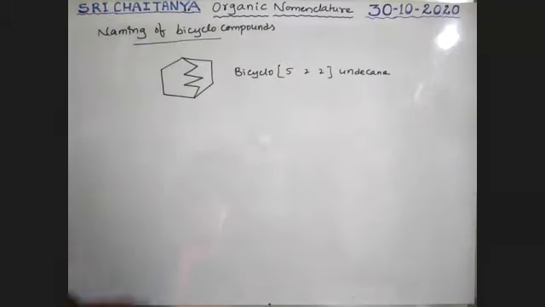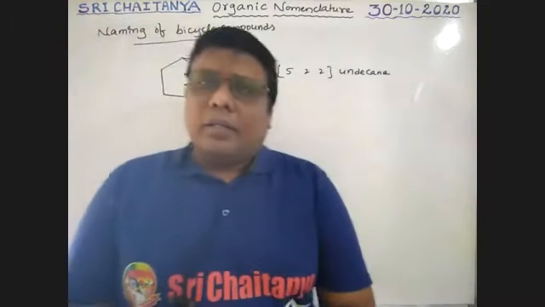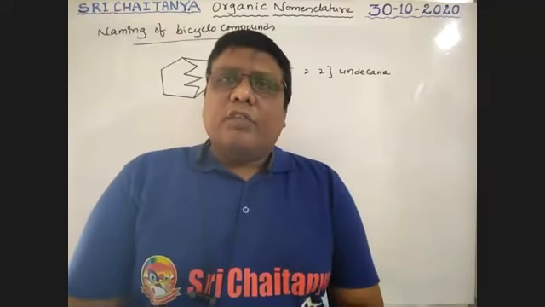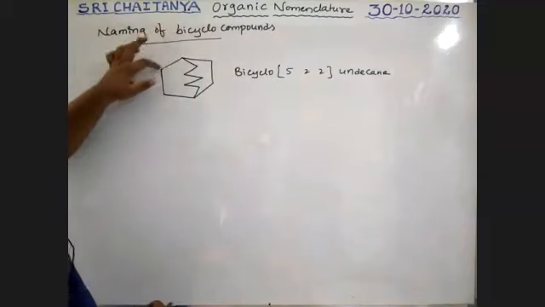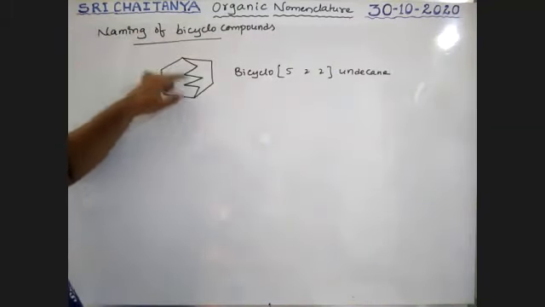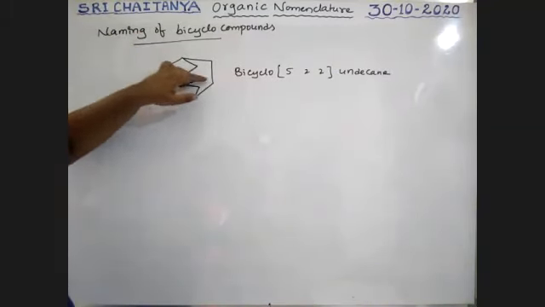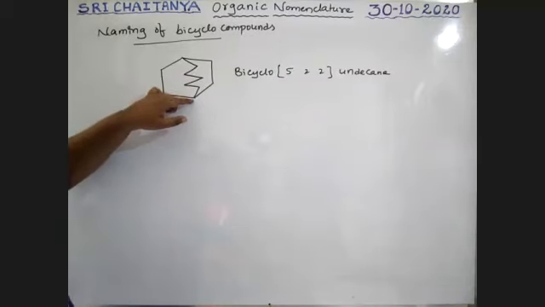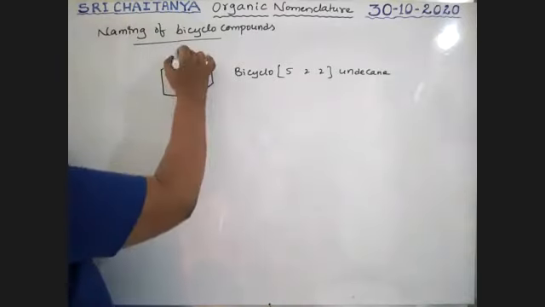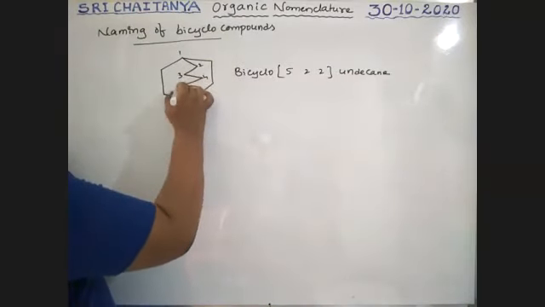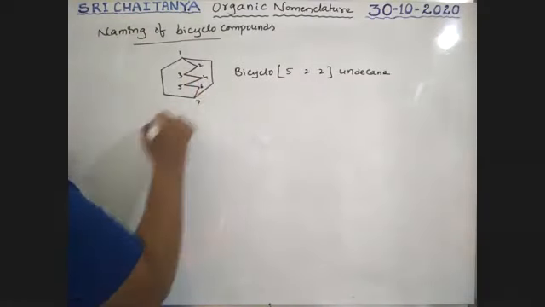Okay. Boys, now how to number the chains? First you choose the longest chain. See here 1, 2, 3, 4 is the longest chain. Here 1, 2, 3, 4, 5, 6, 7 is the longest chain. So you first choose the longest chain. I'm taking 1, 2, 3, 4, 5, 6, 7.